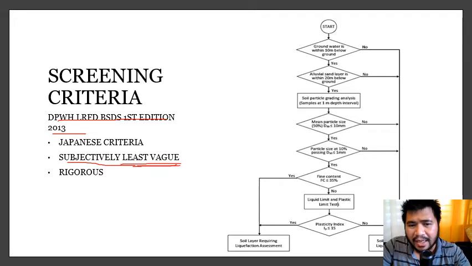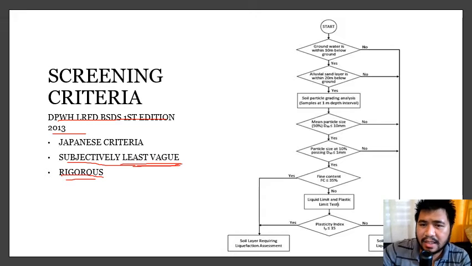It's not really vague. Everything is completely defined. And this criteria is also very rigorous, meaning it considers a lot of engineering soil properties. So let's go through this criteria one by one.